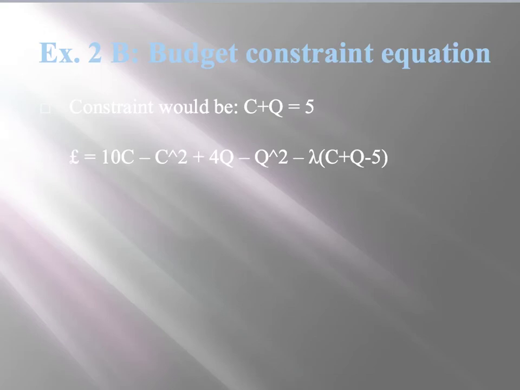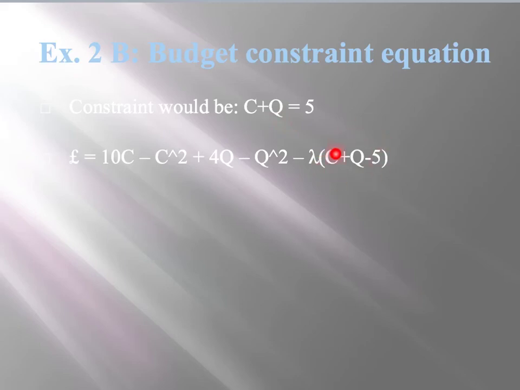So if you're doing that, you have your utility function as part of the Lagrangian setup here. You have the utility function first minus lambda, the Lagrangian multiplier, and then in parentheses your budget constraint zeroed out. So you have C plus Q minus 5 would equal 0.